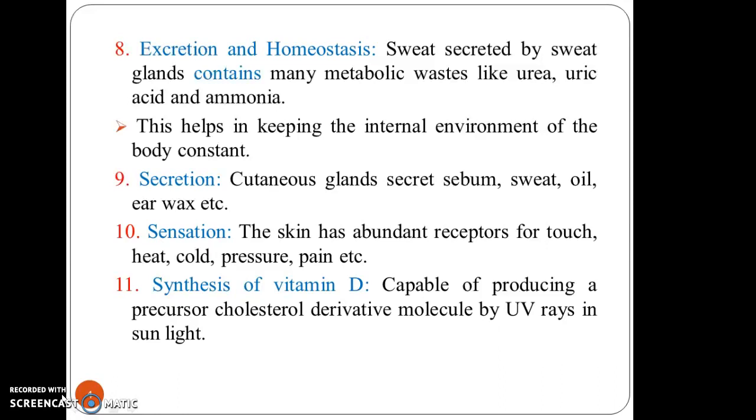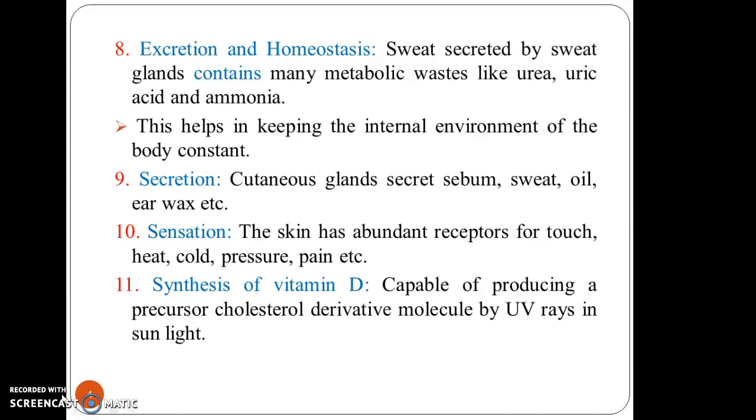Next function is sensation. The skin has abundant receptors for touch, heat, cold, pressure, pain, etc. As the receptors are connected with the skin, we are able to feel pressure, pain, heat or cold.